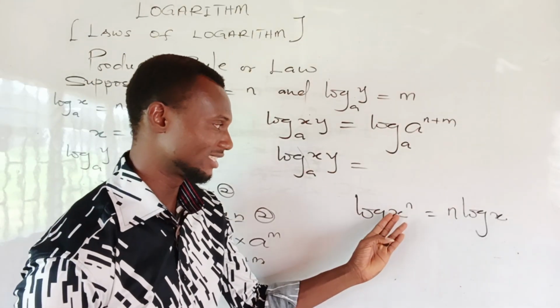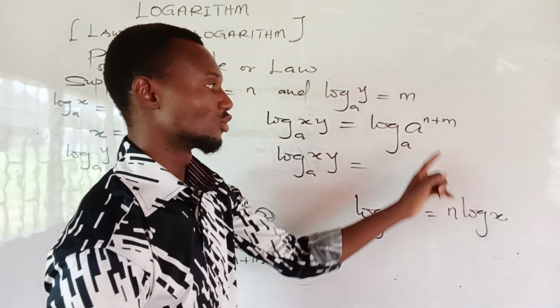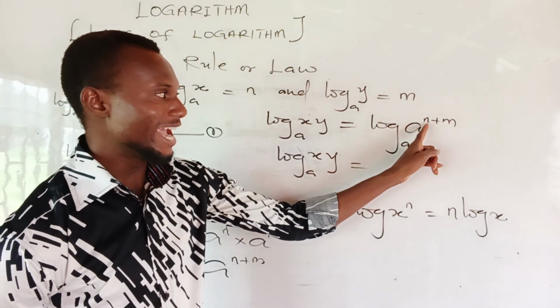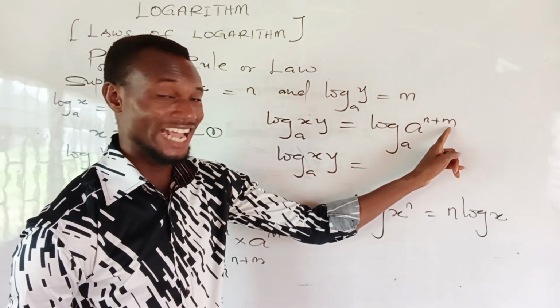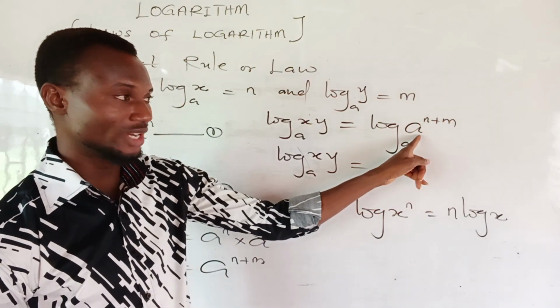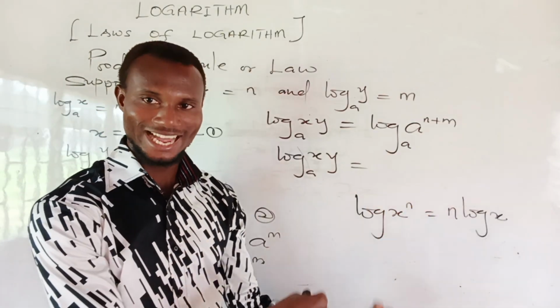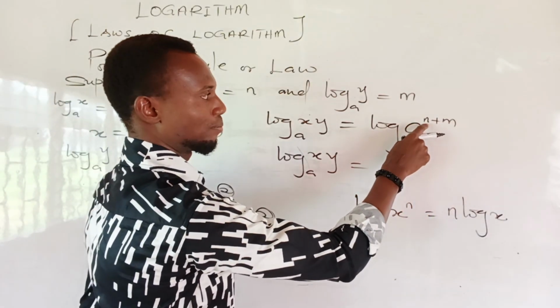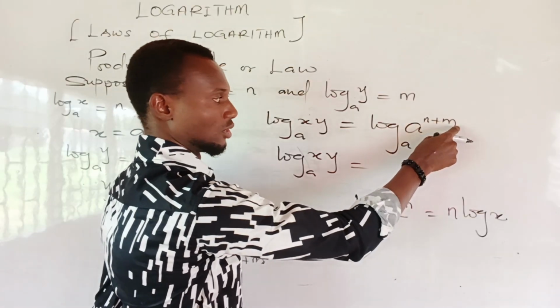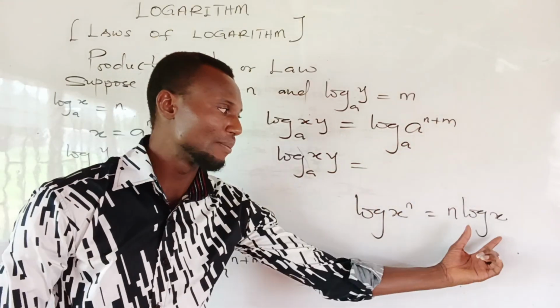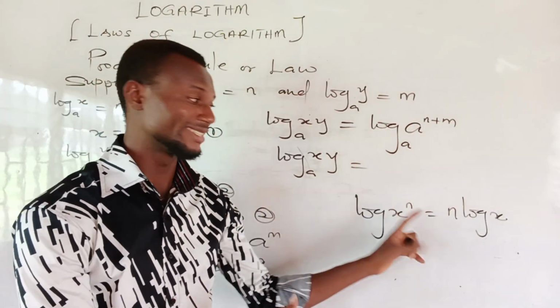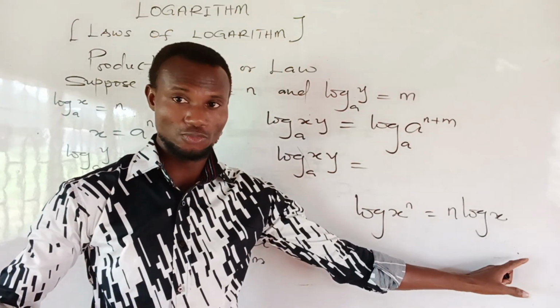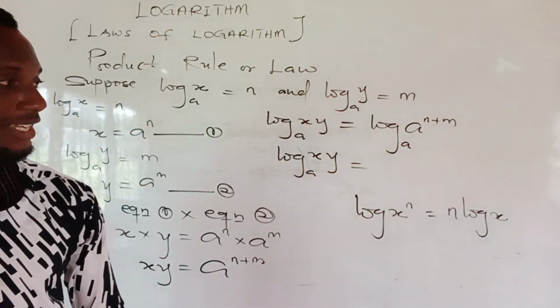So having this, it can also be written as this. So look at this. We have a to the power n plus m here, which is a power to the a. So we are going to apply that. I hope you get it. We have log a to the power n plus m to the base a. So we are going to apply this property to that to write it in this form. I hope you can do that. So let's go ahead and do that.